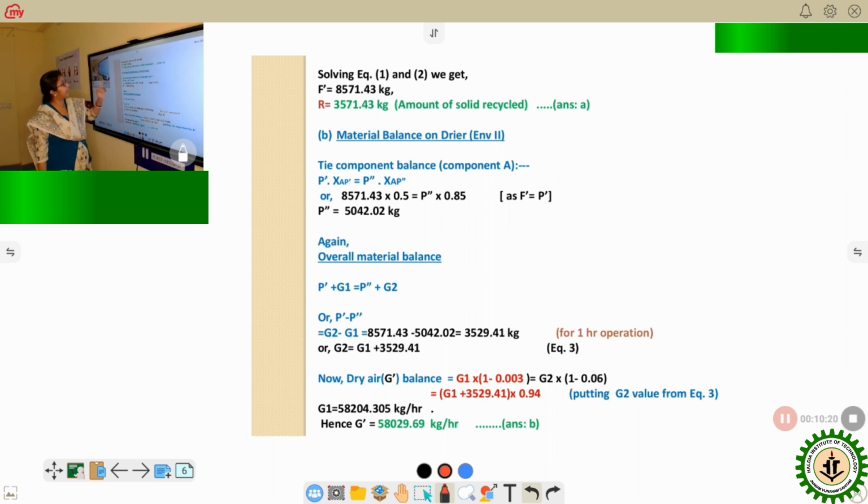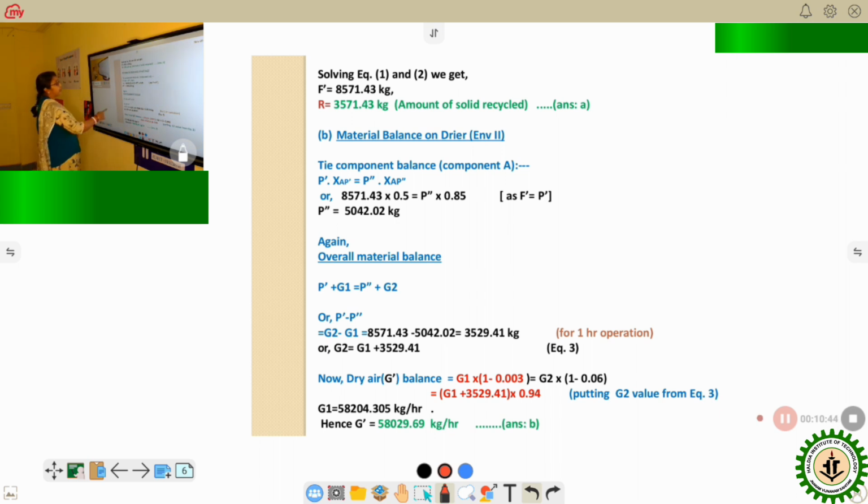P double dash is the unknown parameter, and its composition, the final composition of the product, is 85%, so here 0.85. Finally, from this equation we can evaluate the P double dash value, the product amount leaving the dryer.